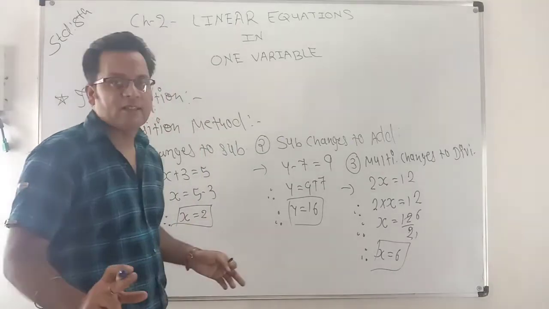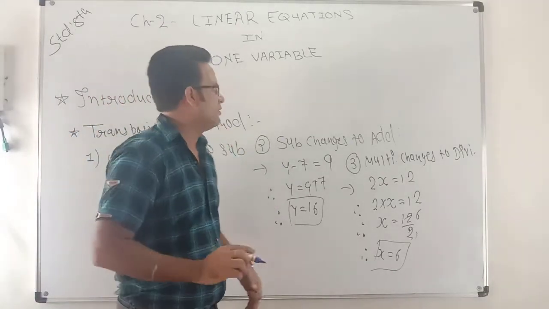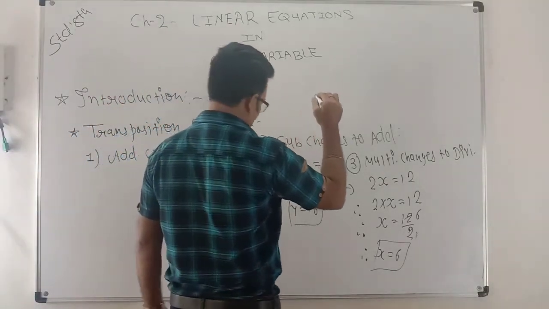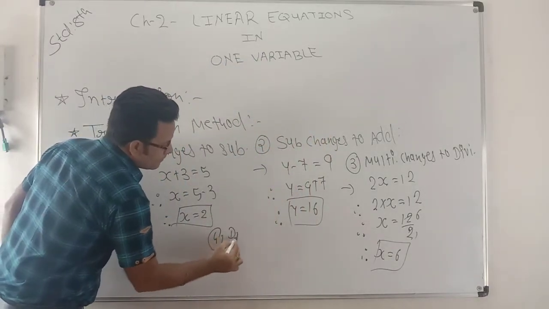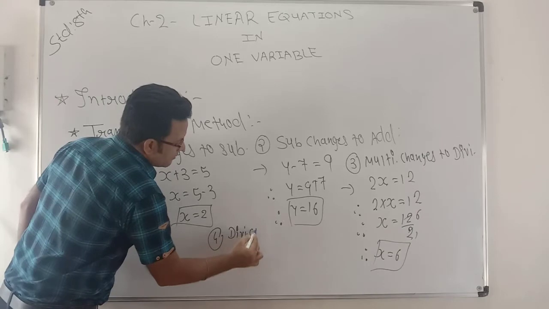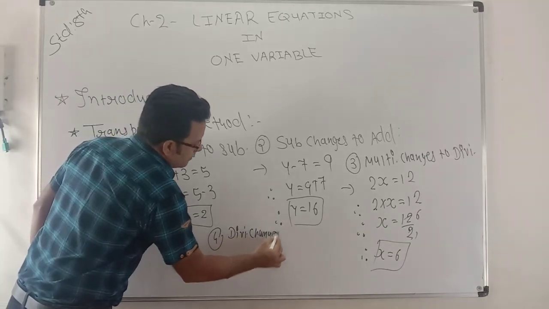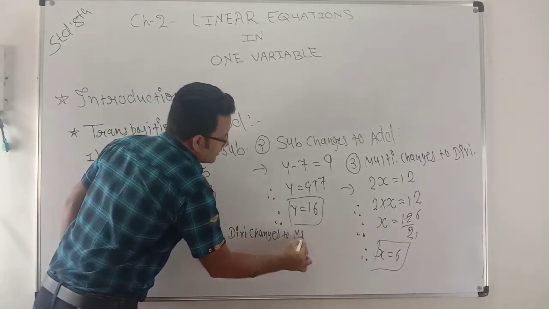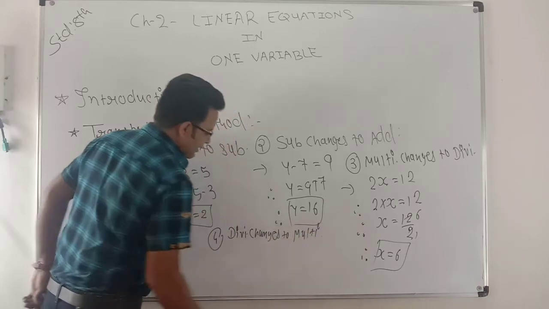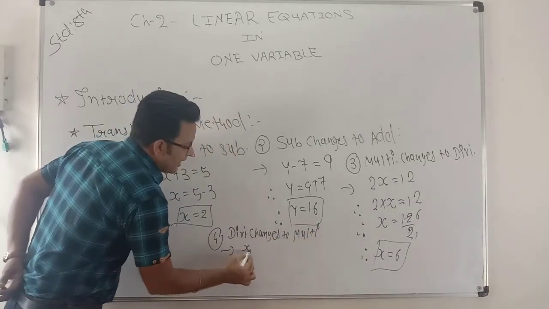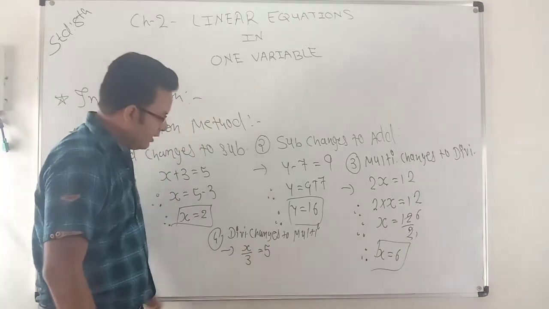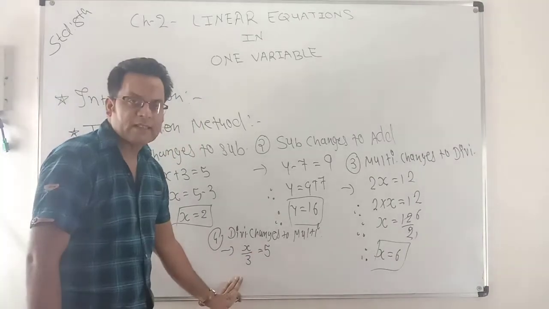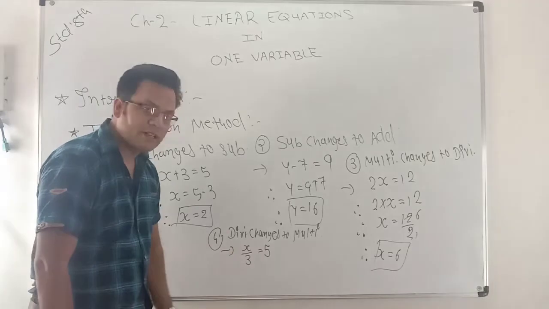And now division changes to multiplication. Suppose x upon 3 is equal to 5. You can see here 3 is given as a divisor, x upon 3.